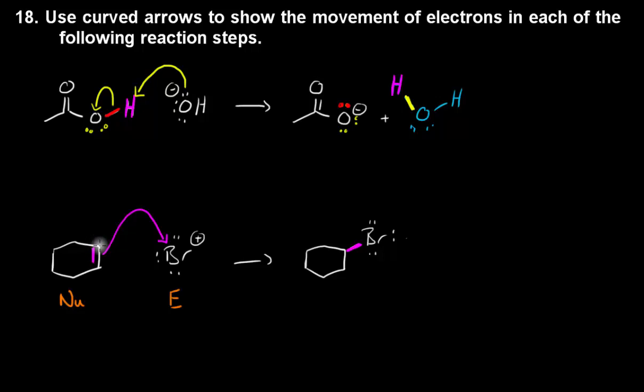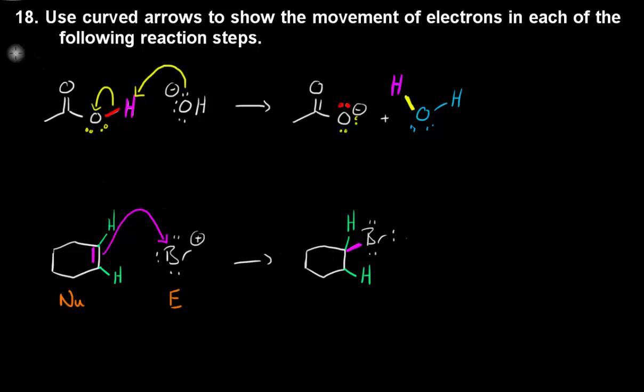So this carbon right here, we're not showing it, but you need to remember that there's a hydrogen here. And again, we're not showing it here either, but it's really important to remember that there's a hydrogen here as well. So let's go ahead and draw those hydrogens out, because if you didn't, it might be really tempting to think that there are two hydrogens here and only one hydrogen here. But again, we're not adding any hydrogen, so we have to work with what we've got. So we have one hydrogen here, and we also have one hydrogen here.